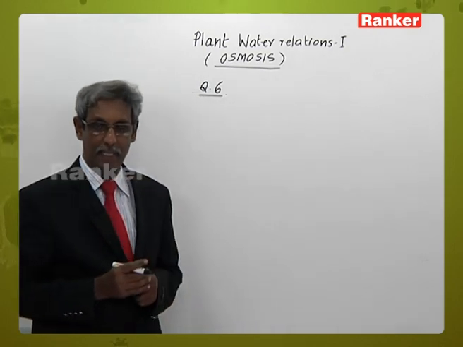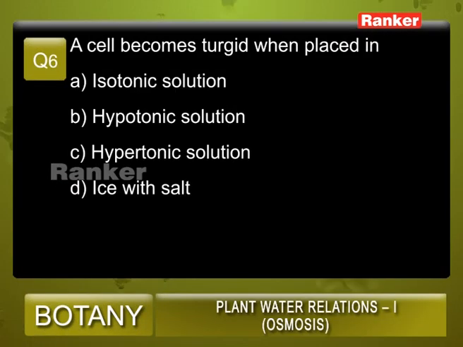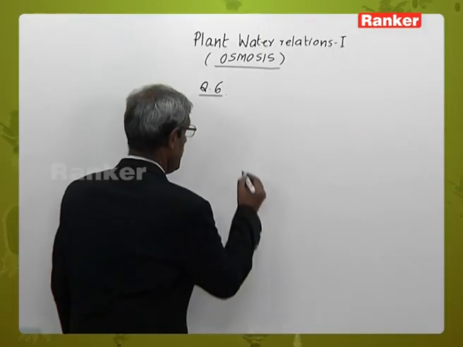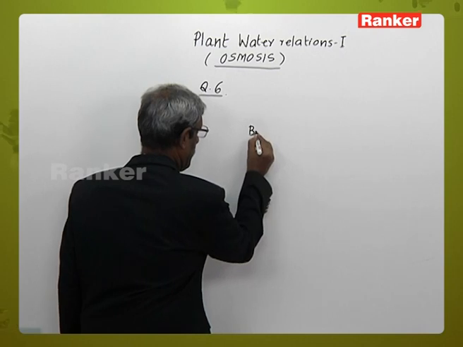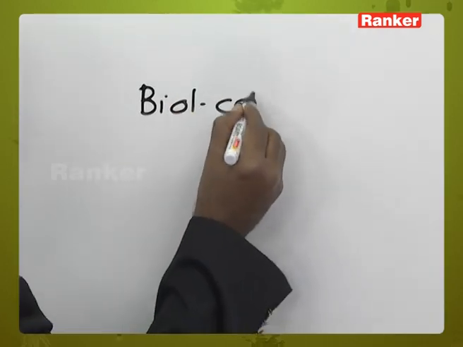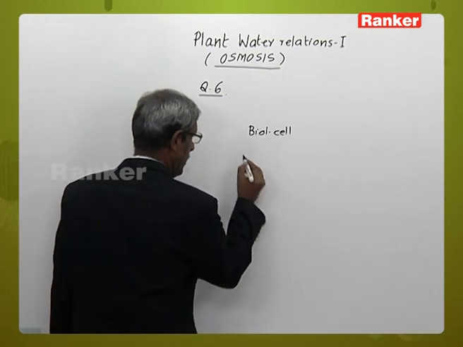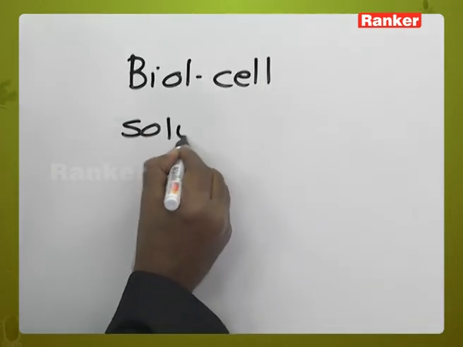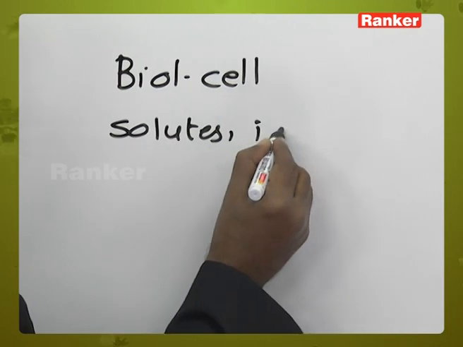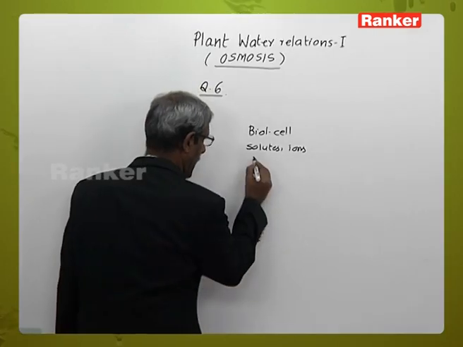Question number 6. A cell becomes turgid when placed in A, isotonic solution, B, hypertonic solution, C, hypotonic solution, D, ice with salt. When you take a typical biological cell, a typical biological cell is rich with relation to solutes, ions and other enzymes.